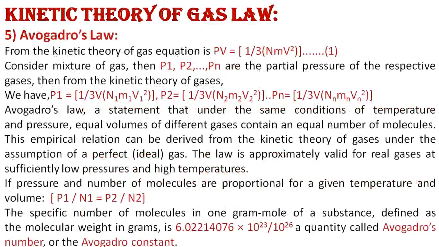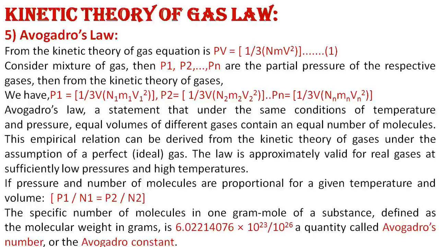Now the next gas law of kinetic theory of gases is Avogadro's law. From the kinetic theory of gas equation, PV is equal to 1 by 3 N m v square. That is equation number 1. Consider a mixture of gases, then P1, P2 up to Pn are the partial pressures of the respective gases.